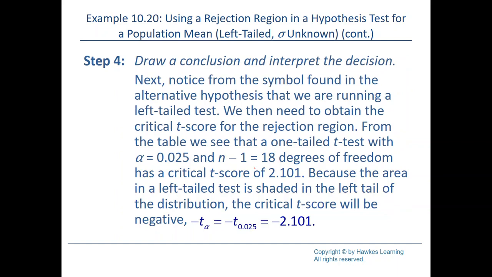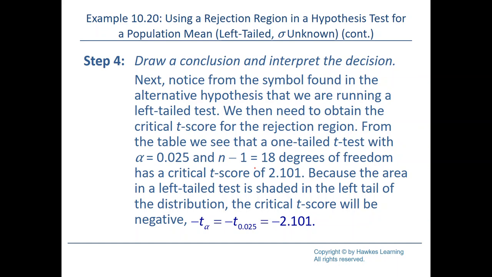Now, the second part is that now that you've got your test statistic, you do need to make note of what the critical t-value is. The critical t-value is going to come from your alpha, your degrees of freedom, as well as whether this is a left or a right tail. In our case, remind yourself that this was a left tail test.